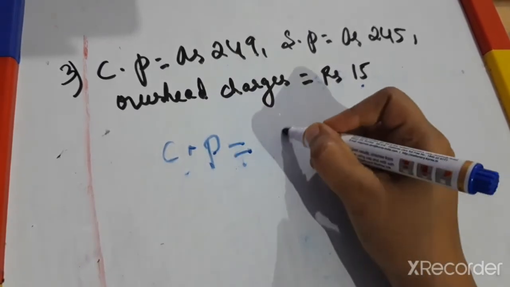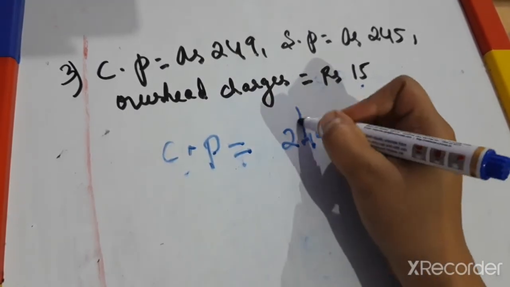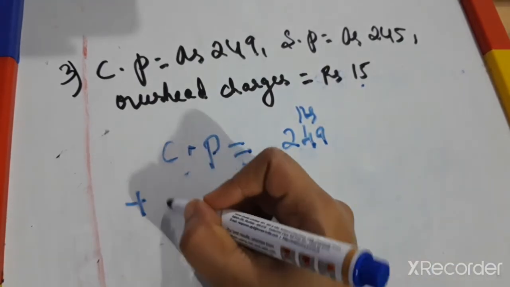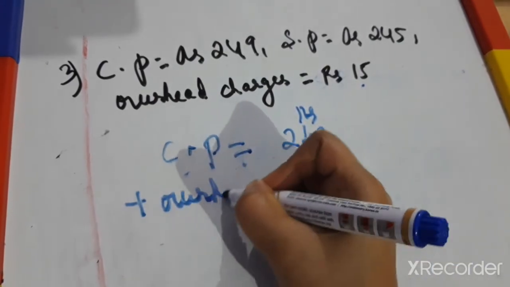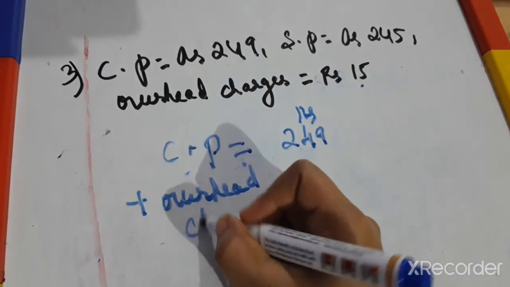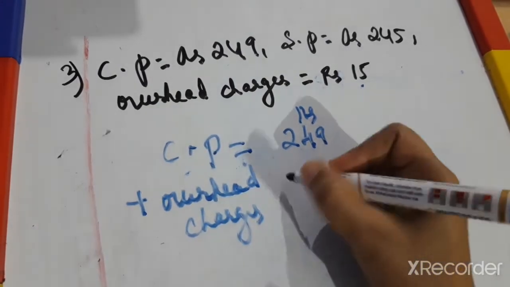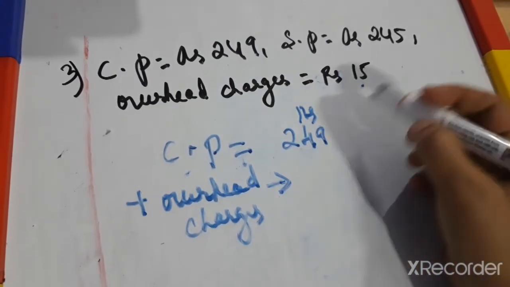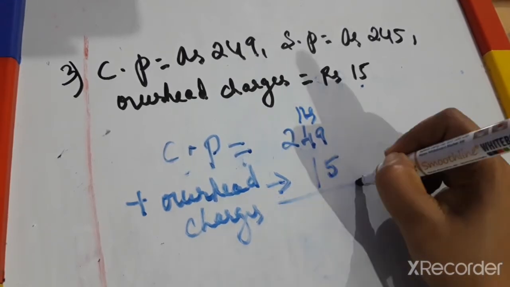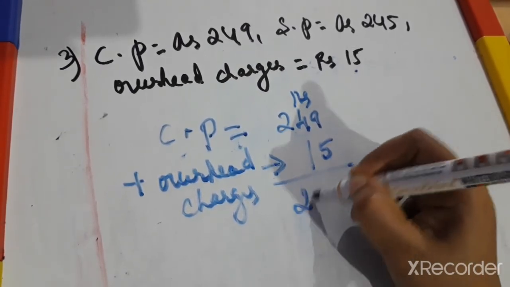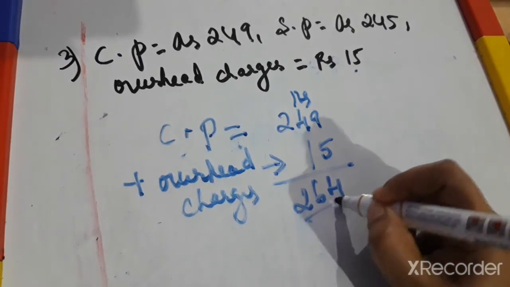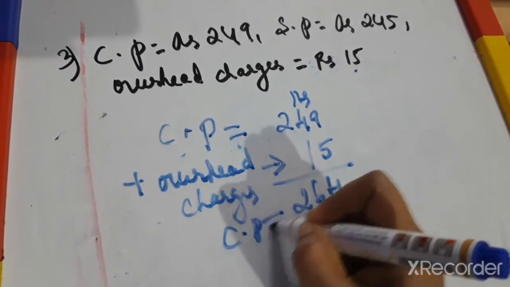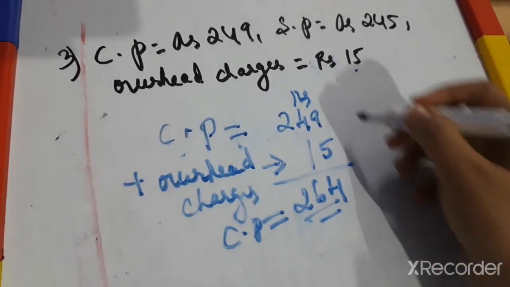Cost price is equal to 249 plus overhead charges 15, which means 264. Now cost price is 264.